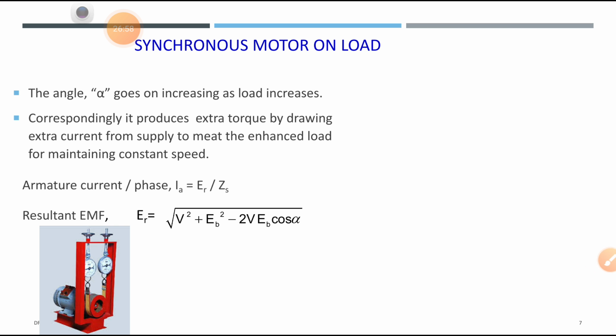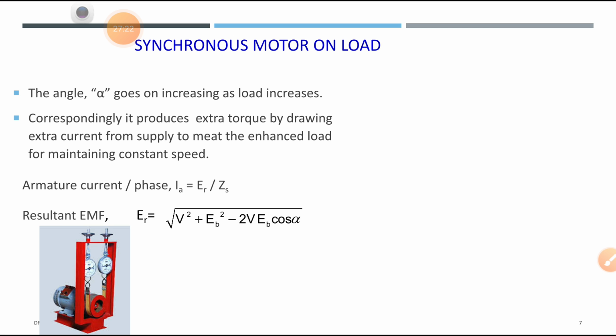As you know the equations, the armature current per phase is Ia equal to ER by ZS. And what is ER? The resultant EMF is equal to the square root of V squared plus EB squared minus 2 V EB cos alpha.